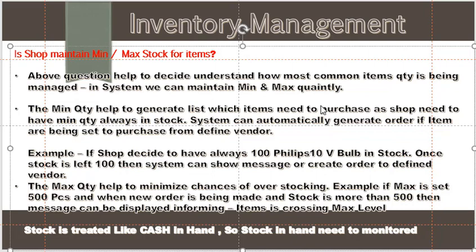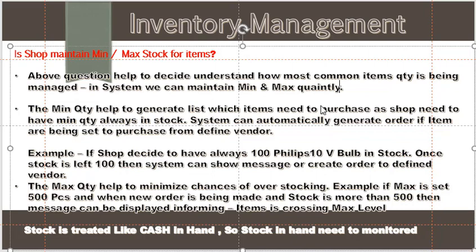So basically 100 is the minimum quantity you are defining. Once the minimum quantity is set and you have written a business logic, once 100 is reached, it can generate the order to the selected vendor who supplies the Philips bulbs. Or at least it can show you a message, generate a report, and so on.